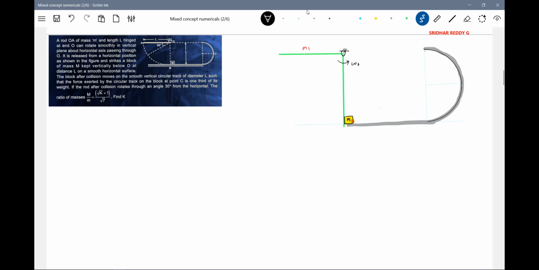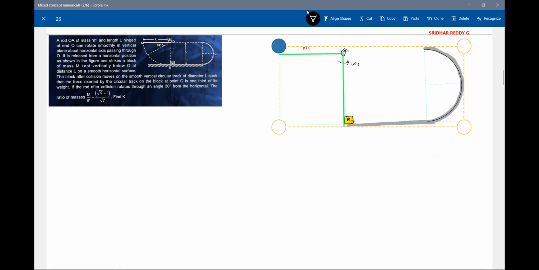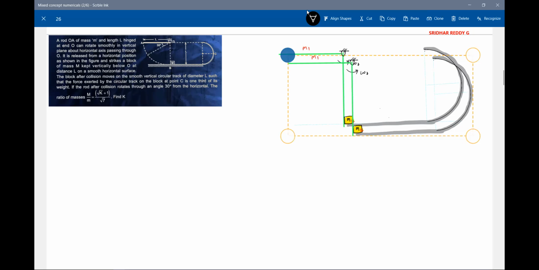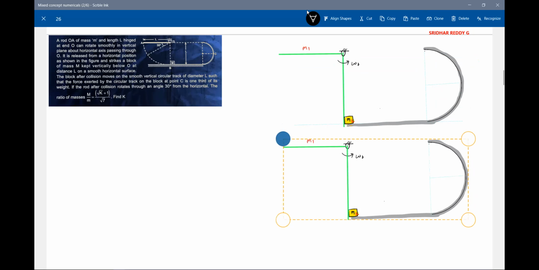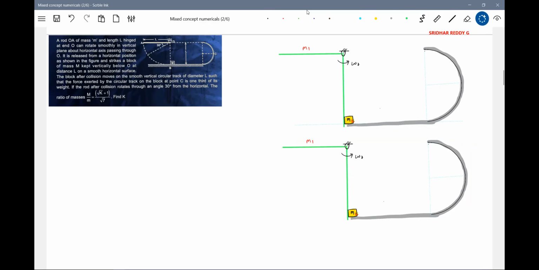What is that omega naught? We know from rotational mechanical energy, from there we can apply it. After collision, this rod will swing back to an angle of 30 degrees with respect to the horizontal. I'll make one small diagram so that it'll be easy for you to understand. So this rod, what it does, it will swing back.